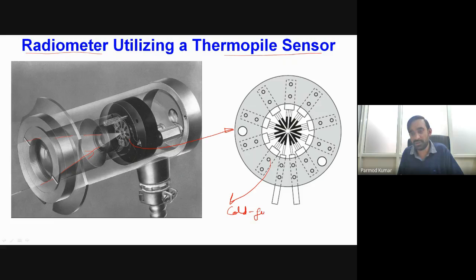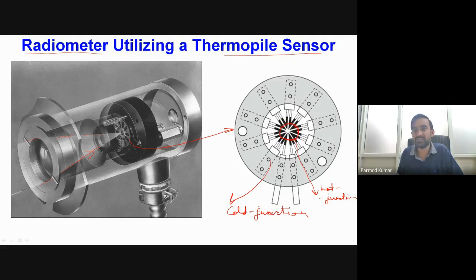Whatever heat comes because of these radiations is focused on this central portion. All the radiations are focused on this zone, so in this central zone we get the hot junction, and the material outside acts as a cold junction.